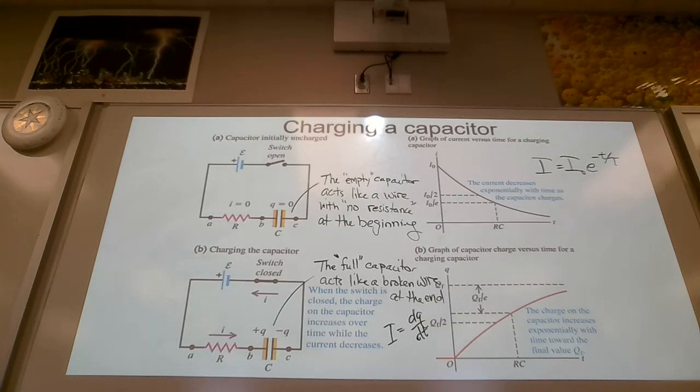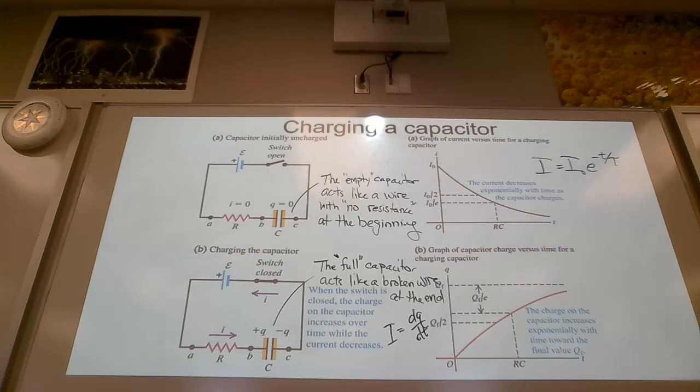How are we doing there, Jared? Would any of that change if the resistor and the capacitor were flip-flopped in order? Great question. No, that would not change at all. Good with that?